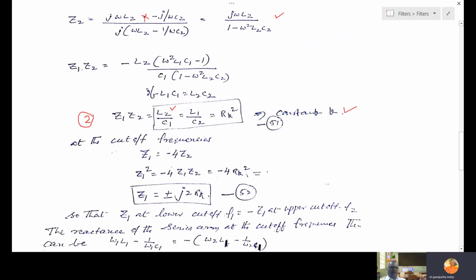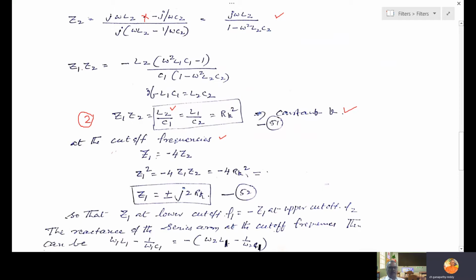Next important, at cutoff frequencies, as I have been telling from the beginning, to find the cutoff frequency we have to equate Z1 to minus 4 Z2. When Z1 is equal to minus 4 Z2, this condition is satisfied only at the cutoff frequency.